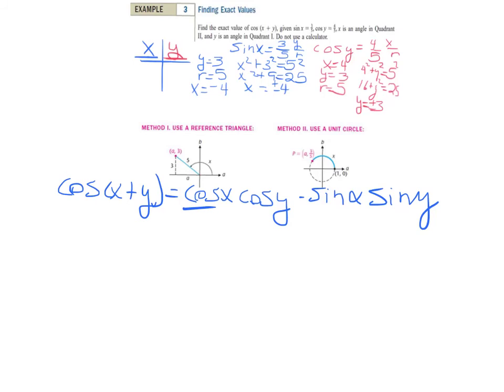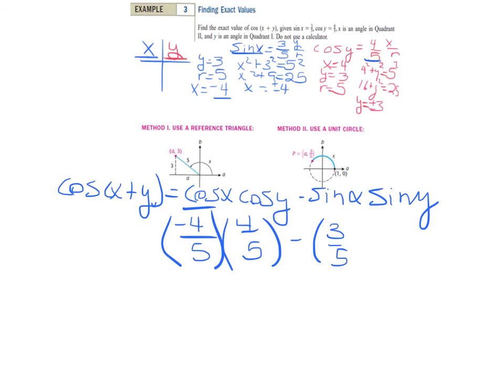So the cosine of x, we've got the sine of x. So the cosine is going to be x, which is negative 4 over our r, which is 5. And then the cosine of y we already have, which is 4/5, minus, now we need the sine of x. We have that, which is 3/5.